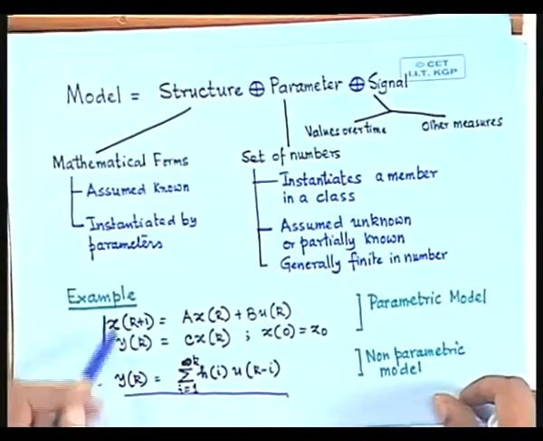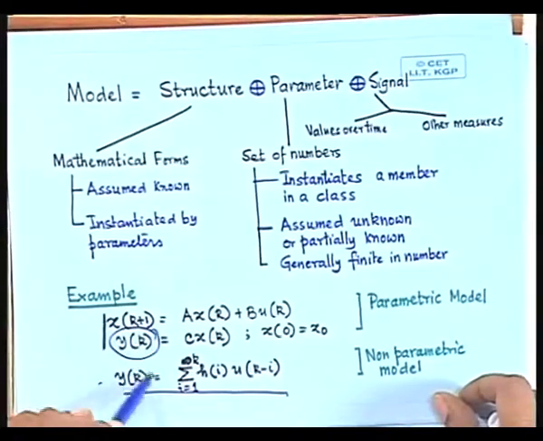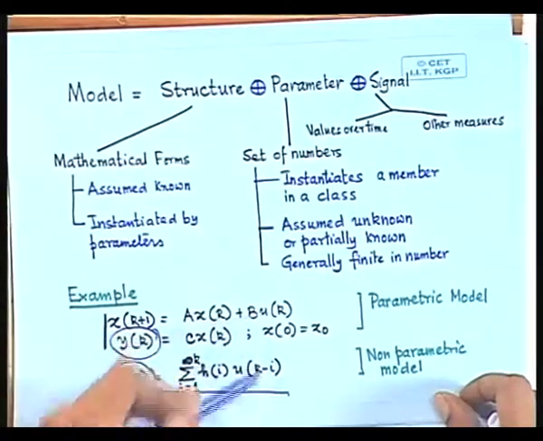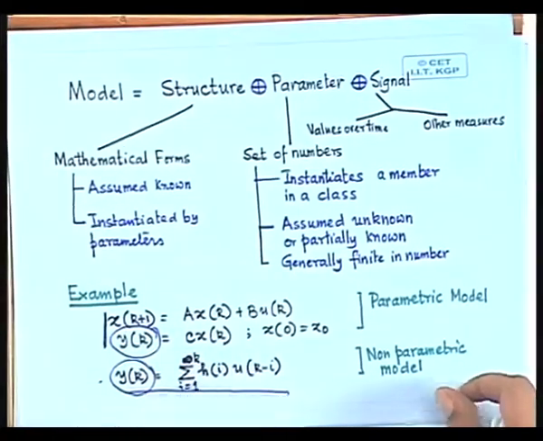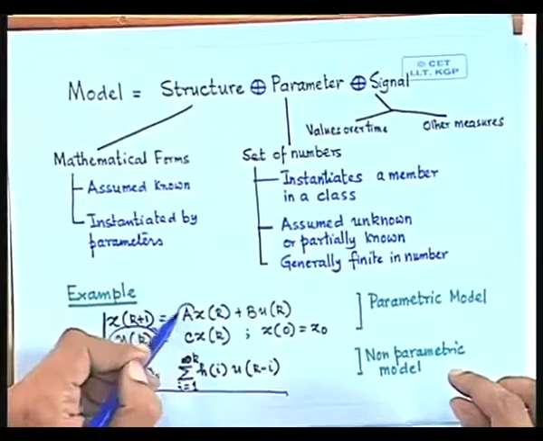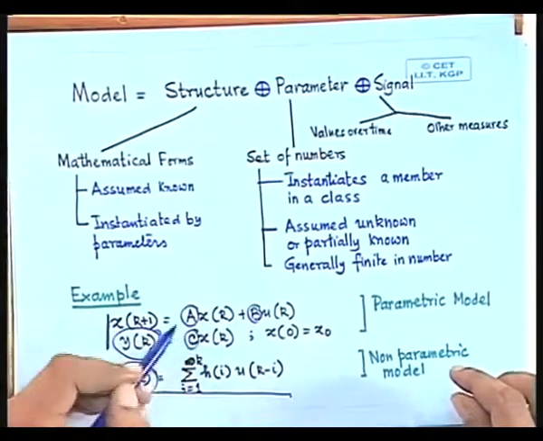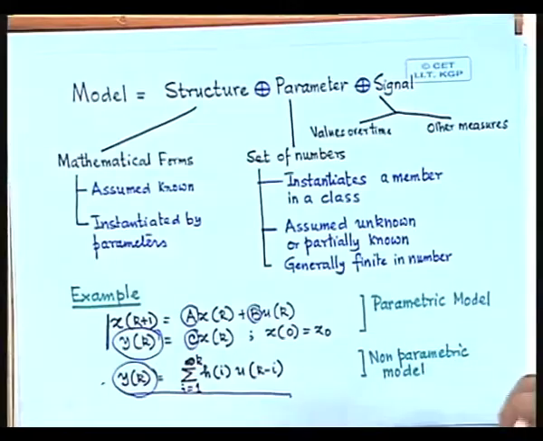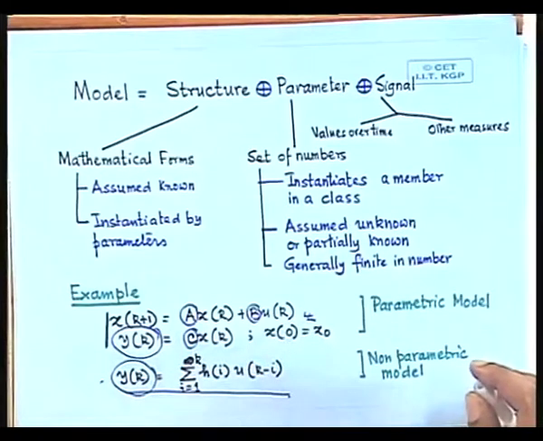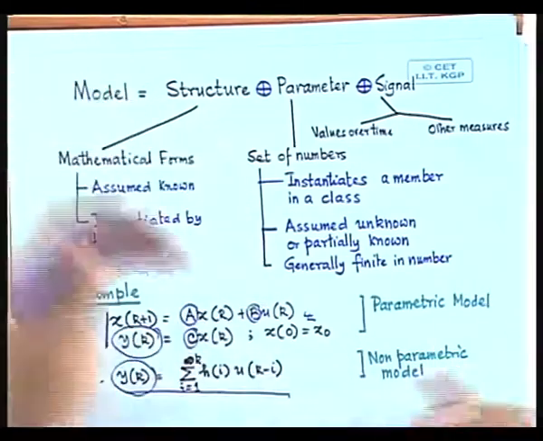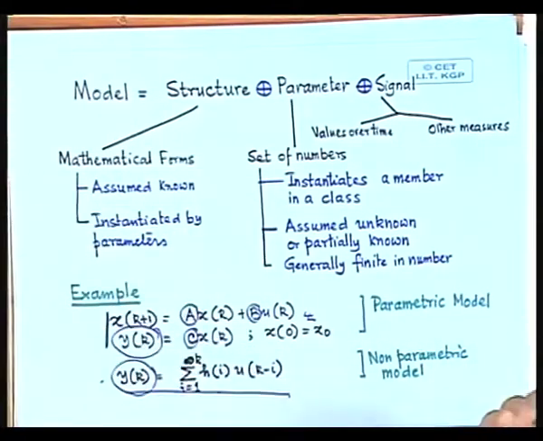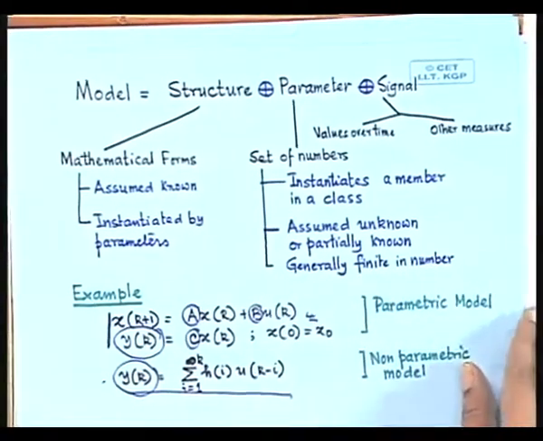So in this model, here also y(k), here also y(k), with the same u(k)'s, this is described by an infinite set of parameters as k goes on, while this is always described by the elements of A, elements of B and elements of C, which are always finite. That's why this kind of model is called a parametric model, while this kind is called a non-parametric model, because here the parameter set is too large to be conveniently used as parameters. So we will be generally interested in parametric models.